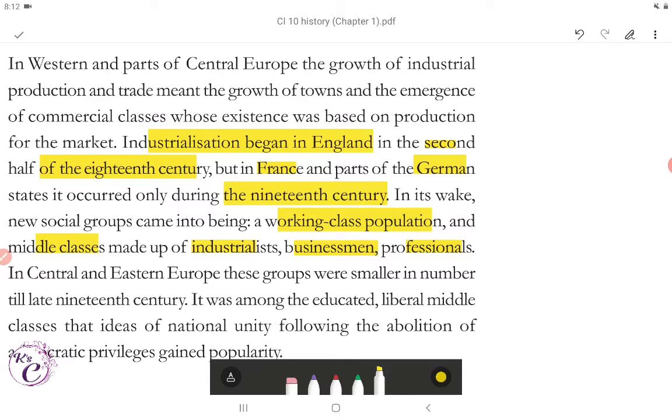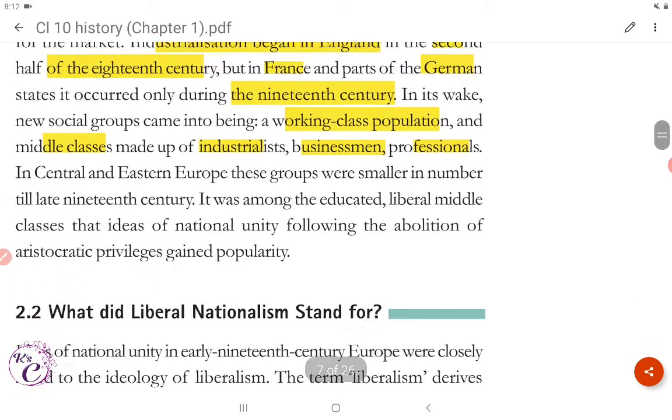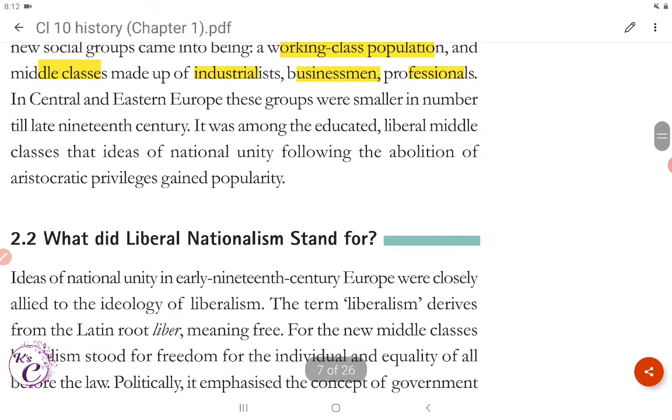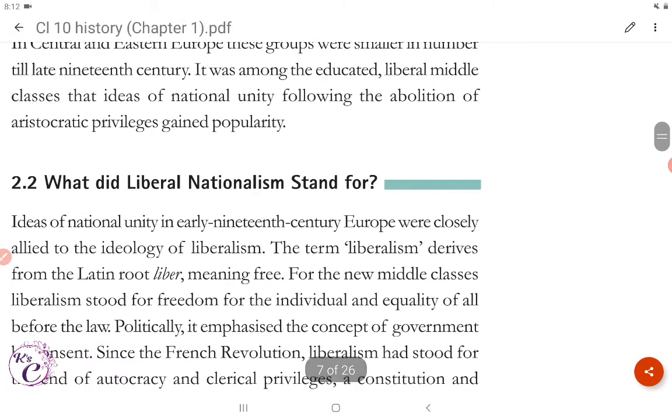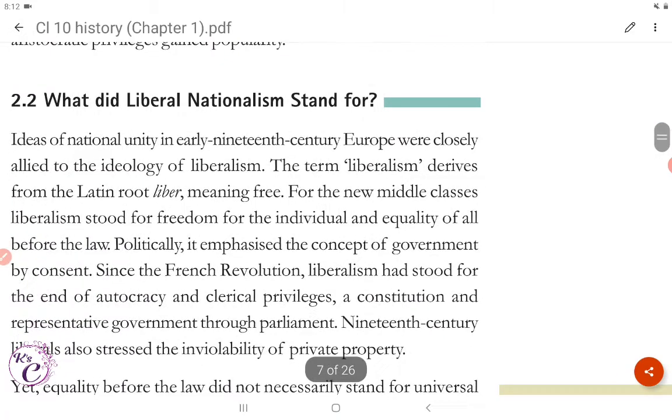It was among the educated, liberal middle classes that ideas of national unity following the abolition of aristocratic privileges gained popularity.